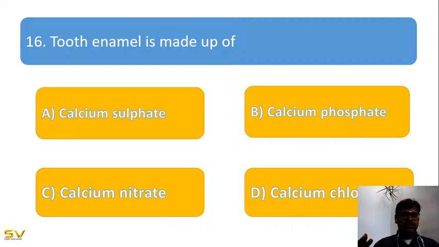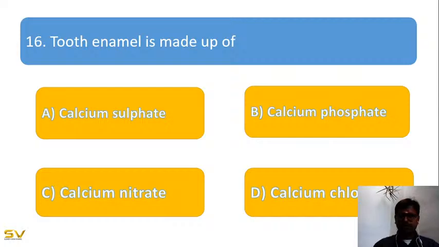See, we can get tooth decay when the pH value is lower than 5.5. So tooth enamel is made up of one of these. It is the hardest substance. It cannot dissolve in water. It is not soluble in water, but it gets corroded when acid is there.